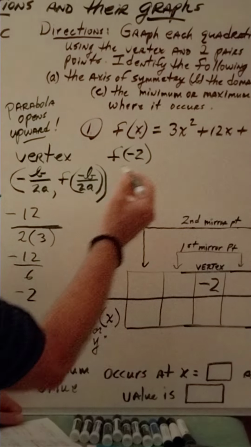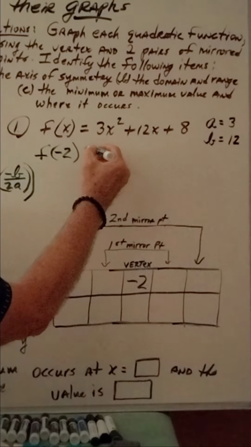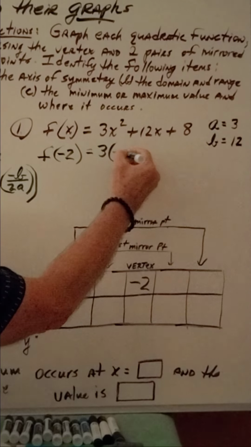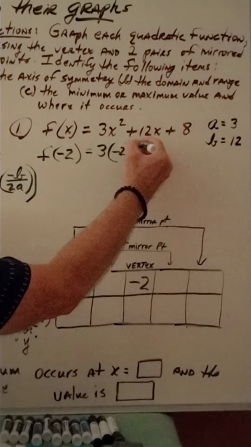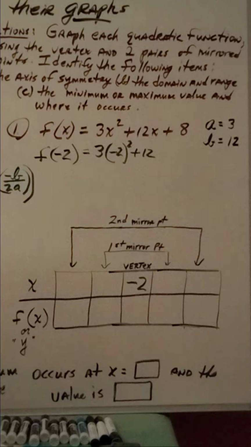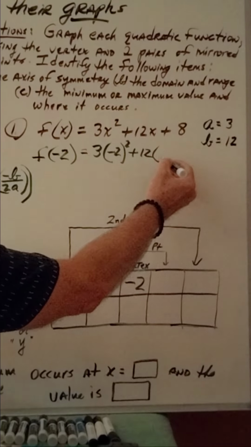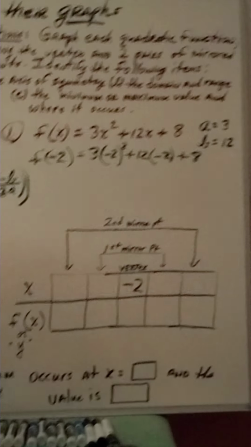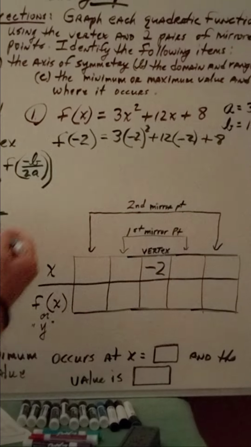And now we're going to substitute negative 2 into that trinomial, and we'll have 3 times negative 2 squared plus 12 times negative 2, plus 8. I'm trying to keep some things clean as we do this.